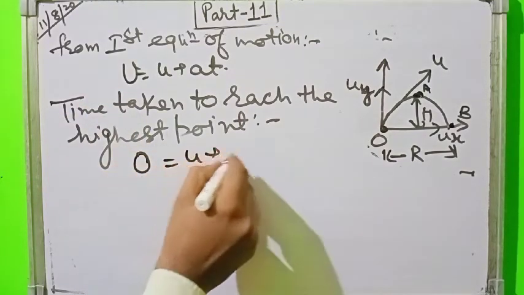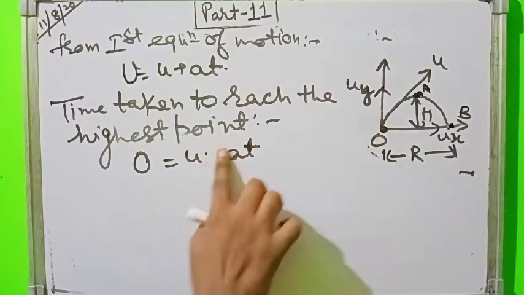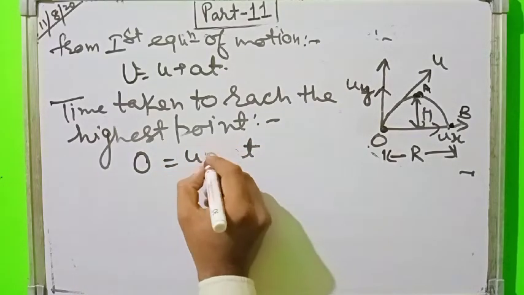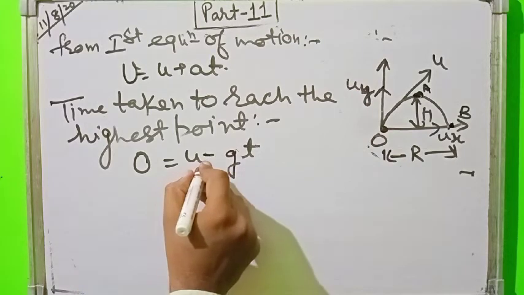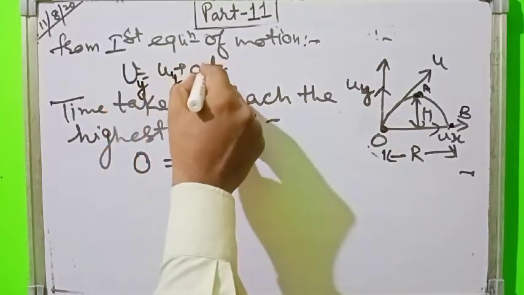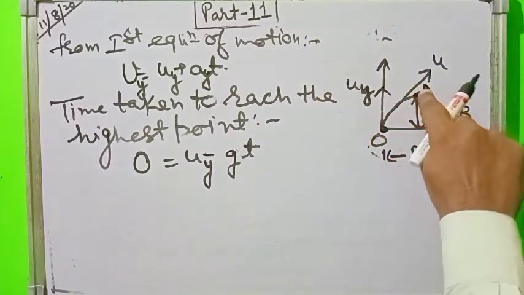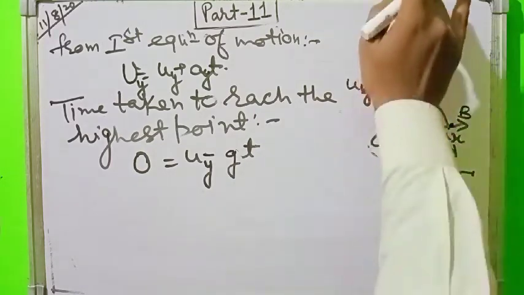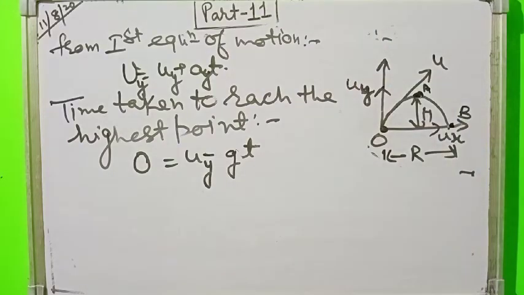v is equal to u plus at, or you can say that since it is u minus gt, and it is Vy, since we are taking the Y component, because up to this point, velocity is in this direction and acceleration is downward.